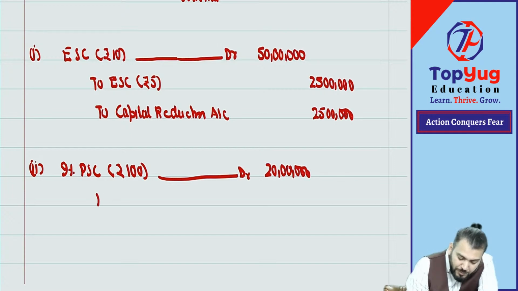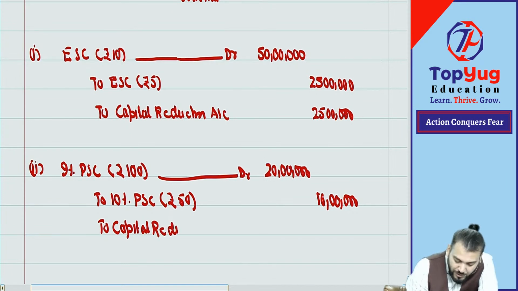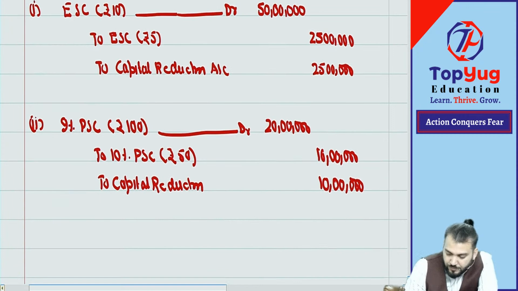Now it will become 10% preference share capital of rupees 50 each. So it will be 10 lakh, and the balance will be transferred to capital reduction account, 10 lakh. Got it? I think no doubt.